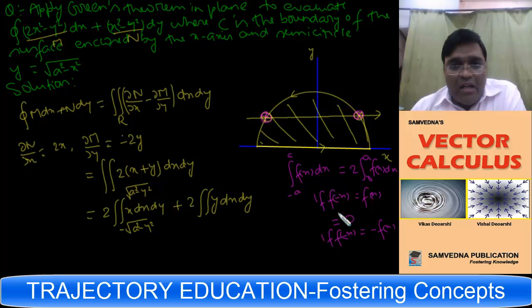Means if f(x) is even, this will be twice the integral from 0 to a, and if it is odd, this integral is going to be 0.